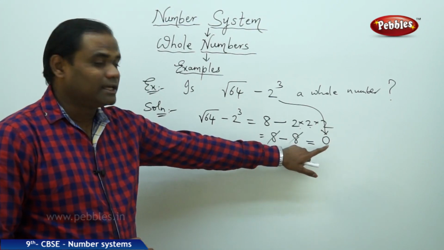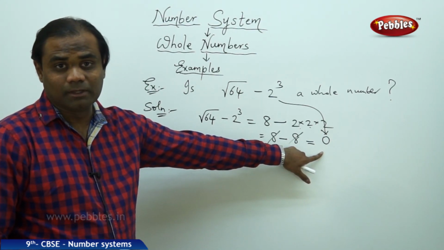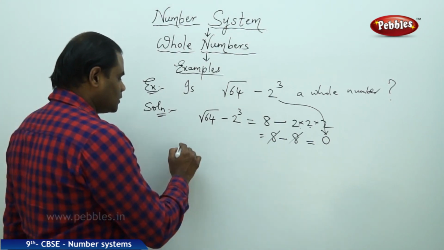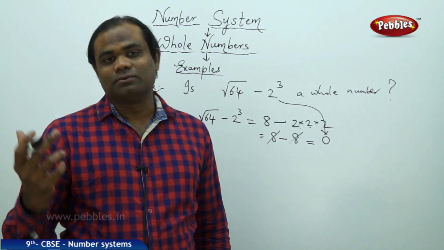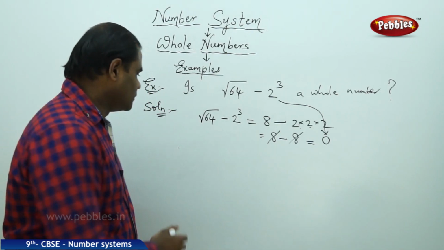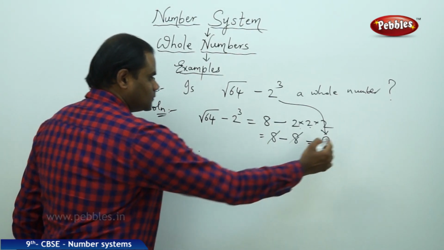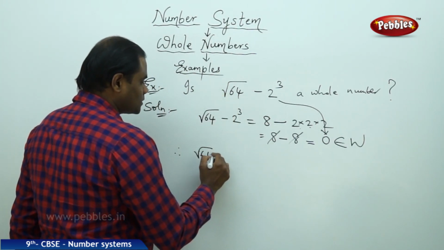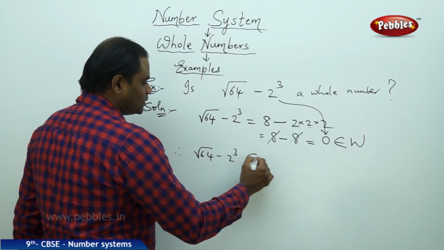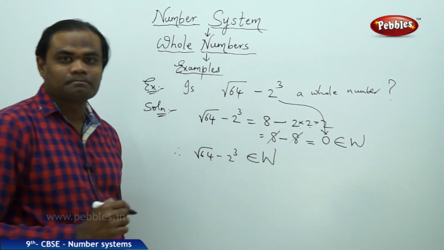So 0 is a whole number, as we clearly know that the set of whole numbers starts from 0, 1, 2, 3, etc. Therefore, root 64 minus 2 cube is a whole number.